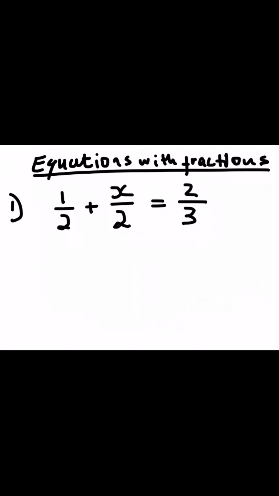So first things first, look for that fraction that has a letter, and then leave it on the left. All the fractions which do not have letters, meaning which are just numbers, take them to the right hand side.